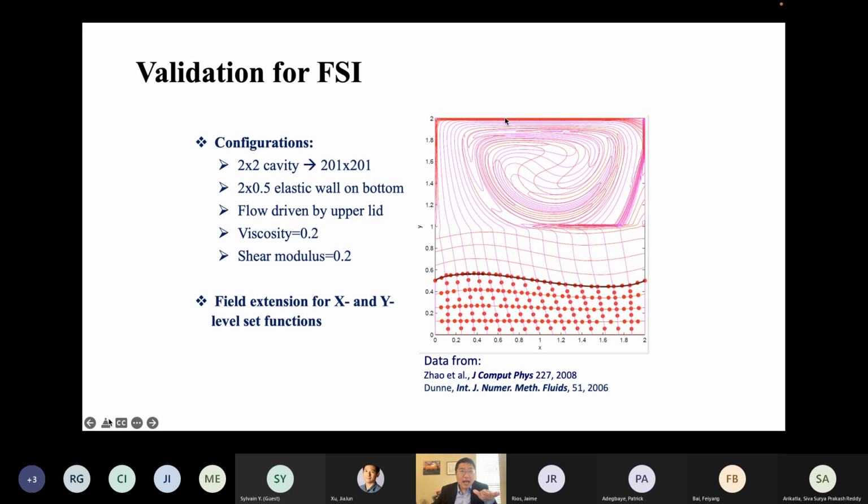So we have a cavity. The lid moves in one direction, towards the right. Because the lid is moving, the fluid flow drives vortices inside the cavity, and that vortex motion of the fluid will deform the solid, which is an elastic solid at the bottom of the cavity.